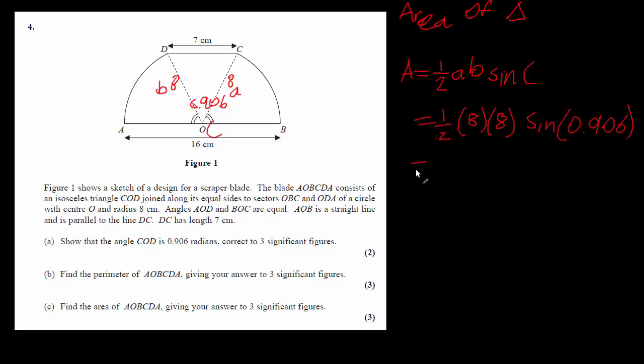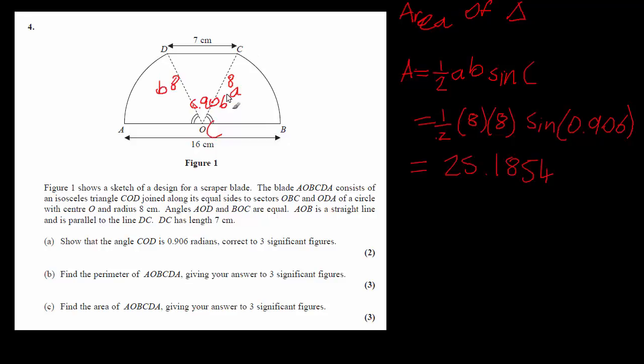So that will give us an area for the triangle of 25.1854. So the area of the triangle, 25.1854. So that's only the area of the triangle.